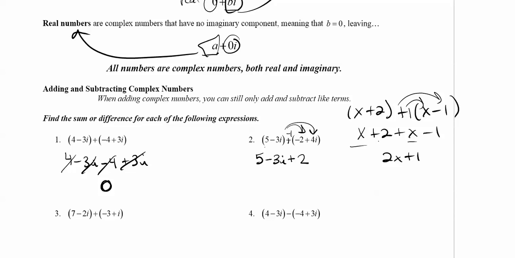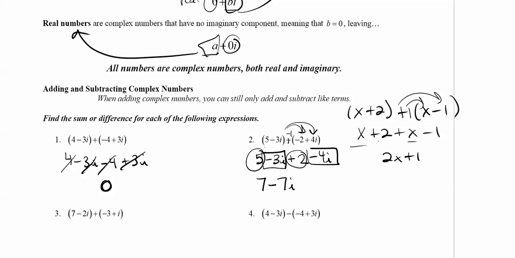And then, because it's negative 1 times negative 2, and then negative 1 times positive 4i would become minus 4i. And so then I would combine the like terms. I can see that my like terms are 5 and positive 2. So that would become 7. And then my other set of like terms are the imaginaries. So to get the imaginary component, I would subtract negative 3i minus 4, which would give me minus 7i.